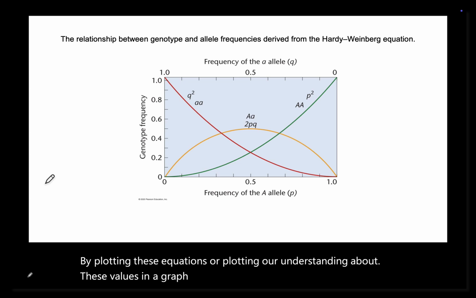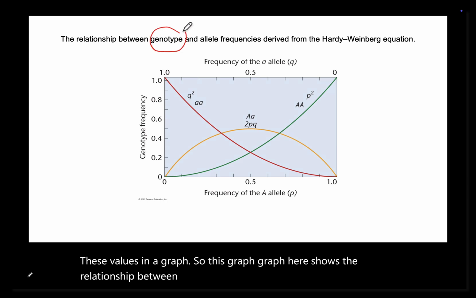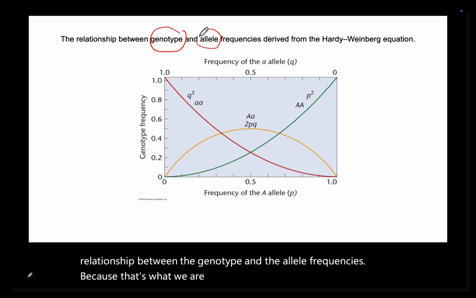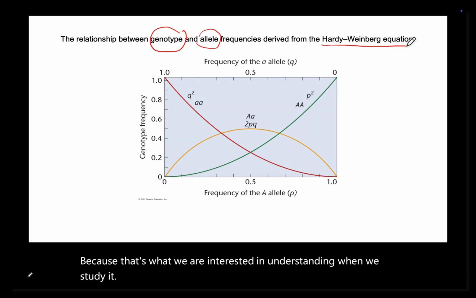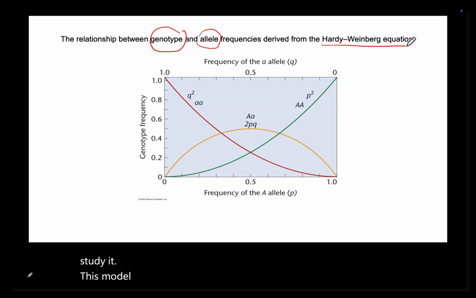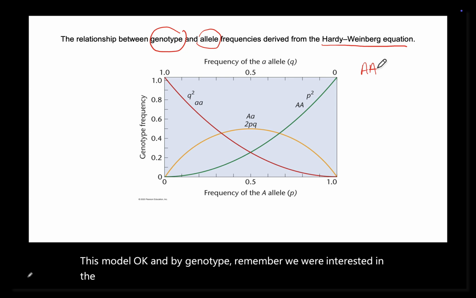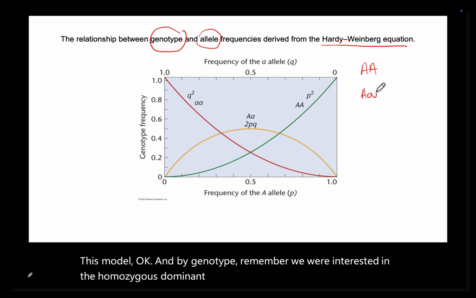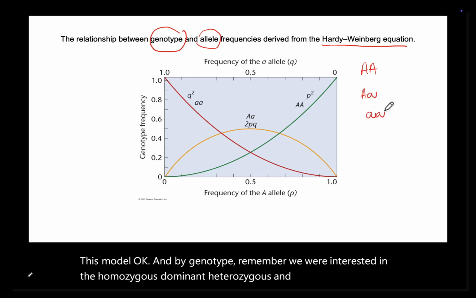So this graph here shows the relationship between the genotype and the allele frequencies, because that's what we are interested in understanding when we studied this model. And by genotype, remember, we were interested in the homozygous dominant, heterozygous, and homozygous recessive.